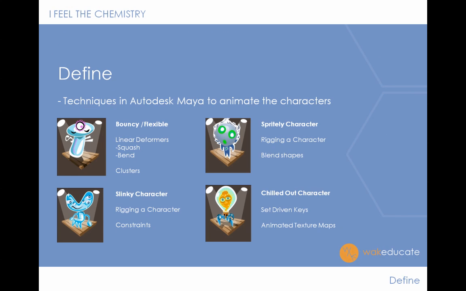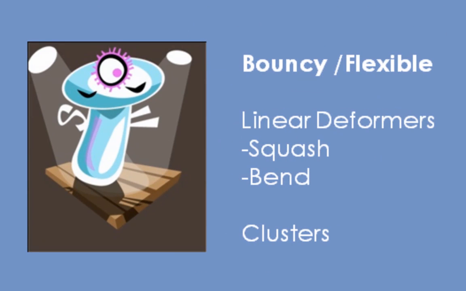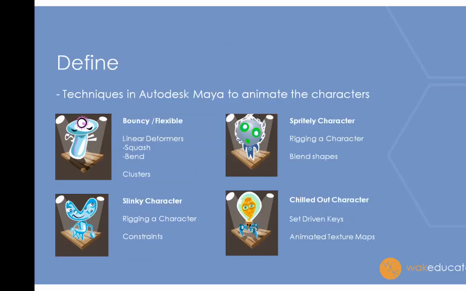Then it was necessary to look at techniques in Autodesk Maya. We established how these characters might work, but how do we do that technically within Maya itself? If we look at the nickel character, the first one, I thought of something bouncy and flexible, so linear deformers really suit this one, like squash deformers, bend deformers, and also clusters just to use for the head movement.